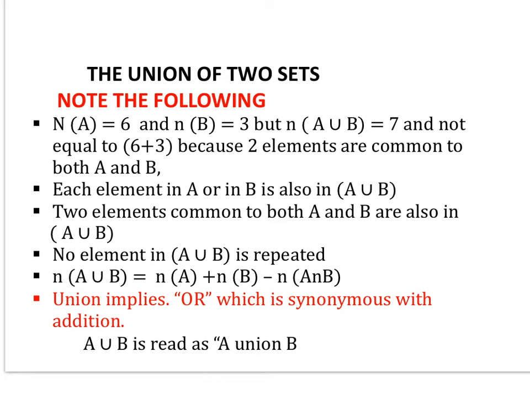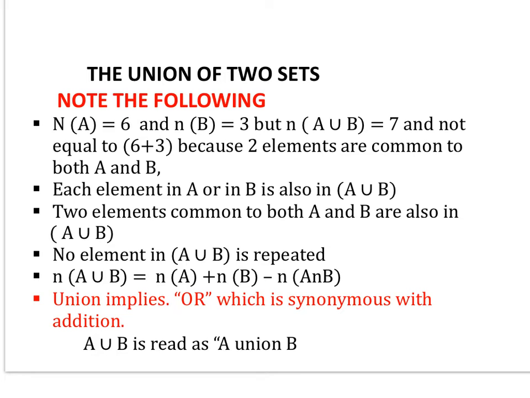So when you are dealing with union of sets, you don't just add up the elements of the two sets. You have to check for the elements the sets share in common, and you are not supposed to include an element twice.